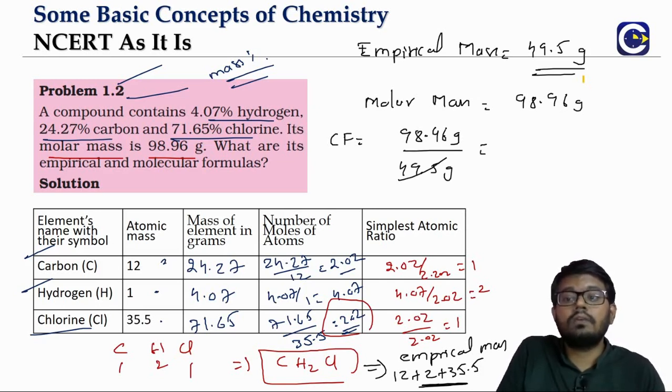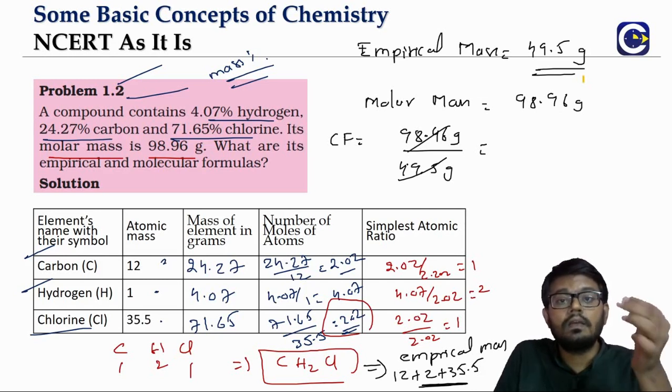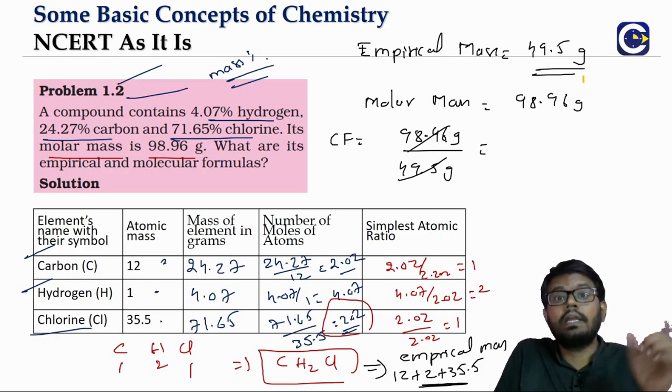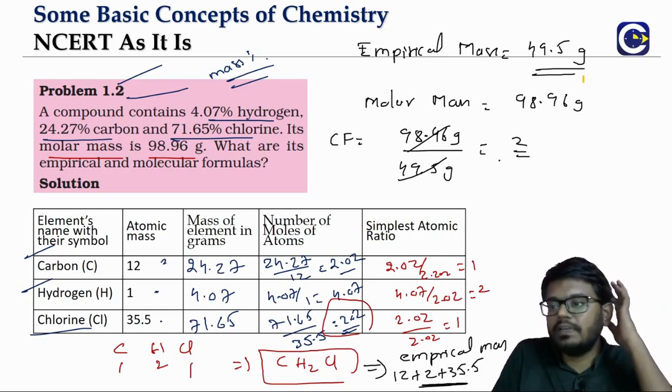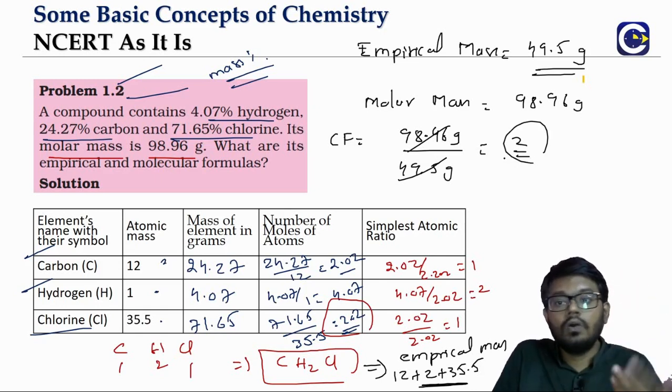Here also we can go with approximations. Generally 99 by 49.5 is 2, because 49.5 into 2 is 99. In the numerator we don't have 99, we have 98.96, but approximately it is 2. So the common factor, because everything has to be in whole numbers, will be a whole number.